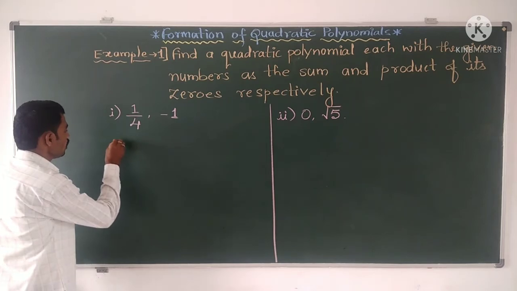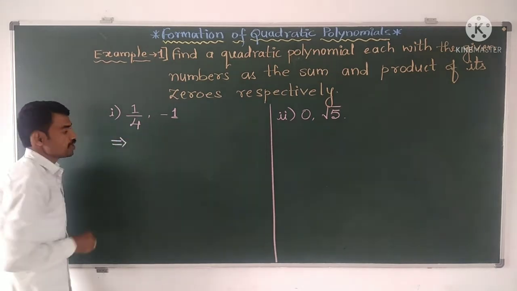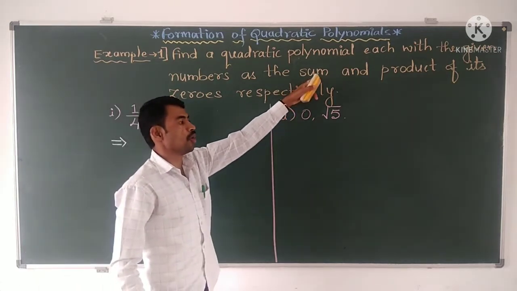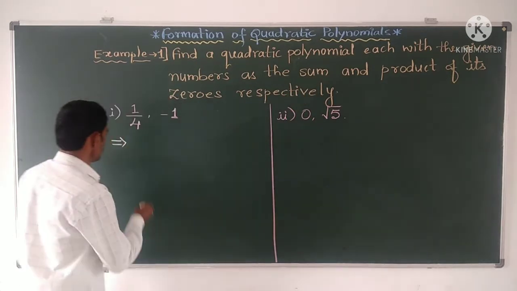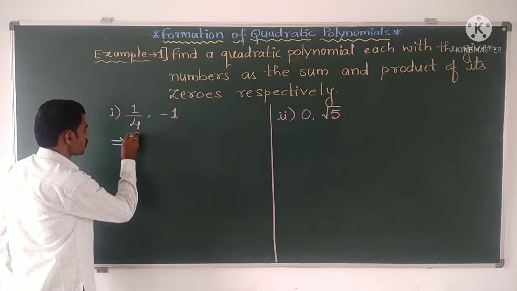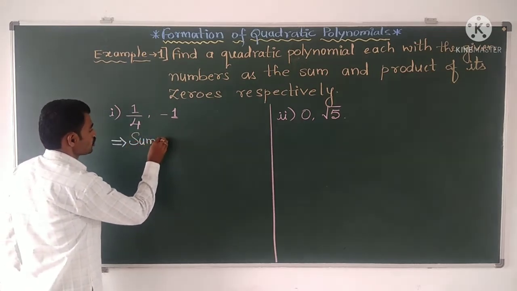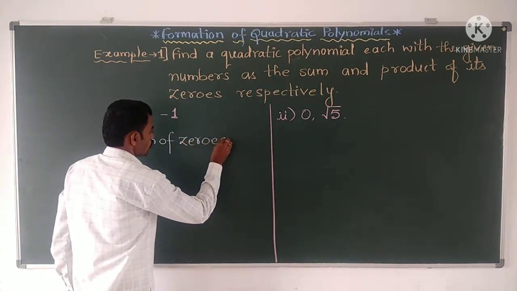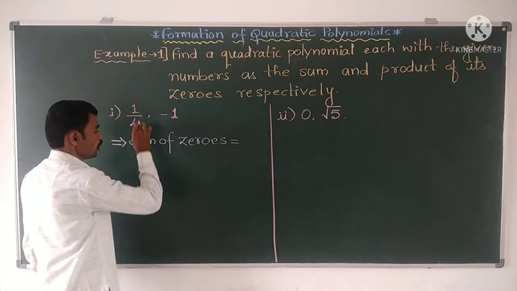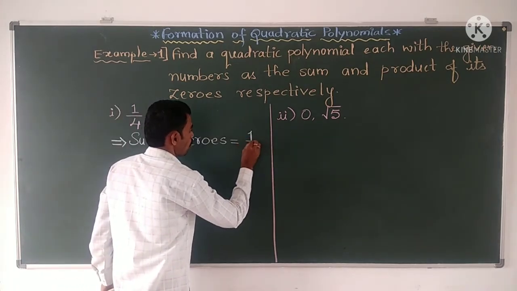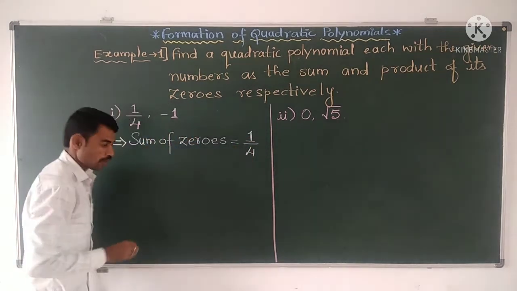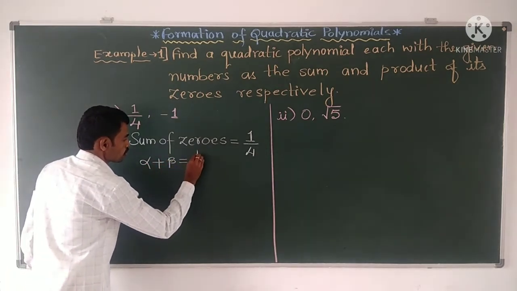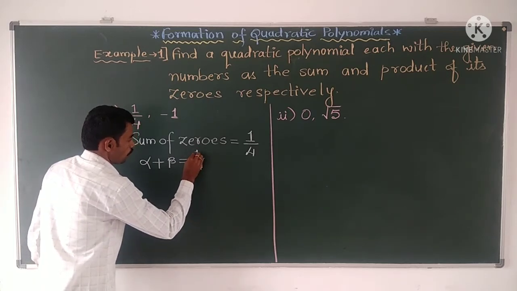Clear? Here, write all the values they have given first. So 1 by 4 is the sum of zeros. That is, alpha plus beta is equal to 1 by 4.